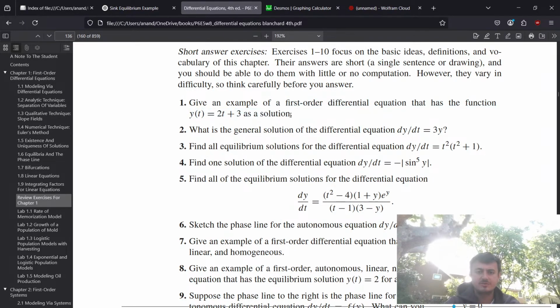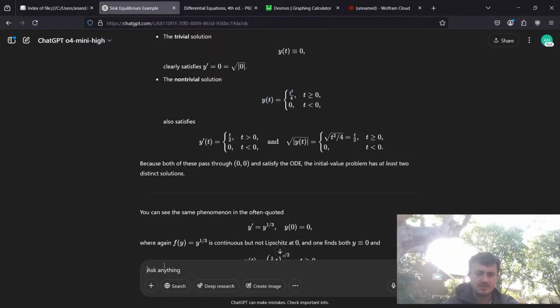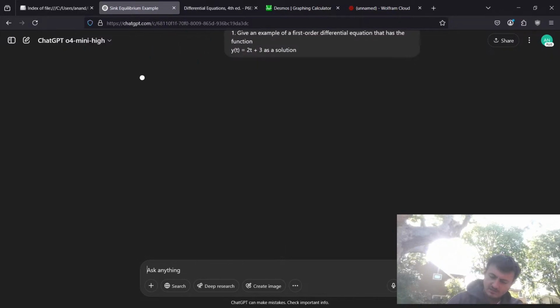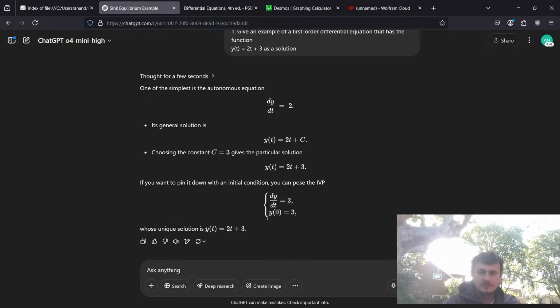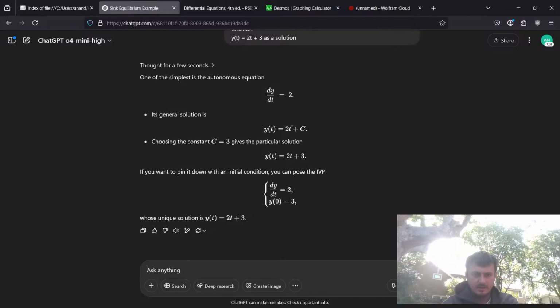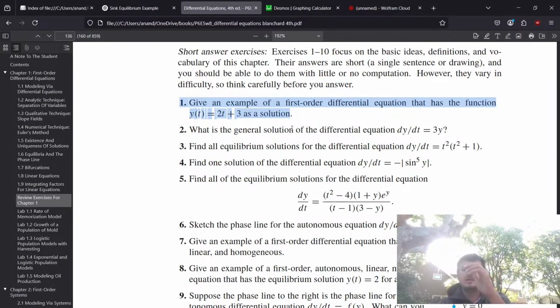I'm pretty sure it's just going to be f of t, y equal to 2. dy/dt equals 2. I think that's it. You take the derivative, and then that's it. Yeah. Okay. I'm not crazy. Why was that so tricky? Kind of tripped me up for a second.